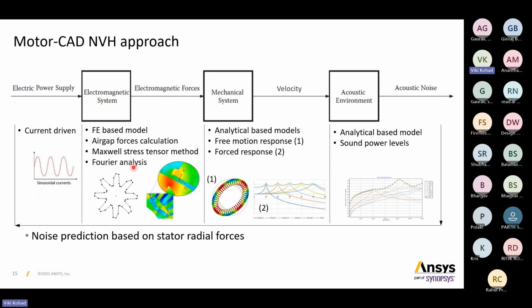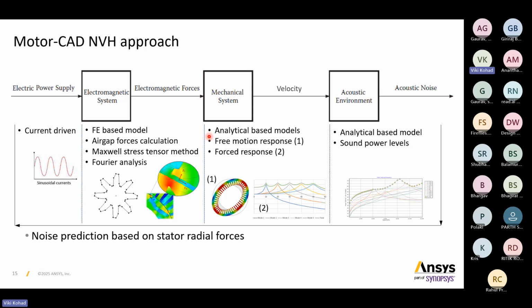And then Fourier analysis is also used to calculate the natural frequency on the different modes. After checking all these electromagnetic performances, we have to do the mechanical system. We transfer this electromagnetic data into the mechanical system inside Motor-CAD, which governs the mechanical equations.